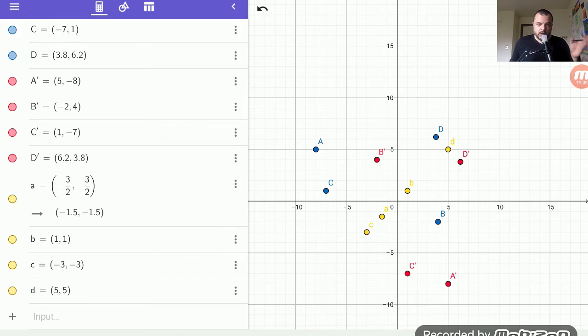So the x coordinate is equal to the y coordinate. The same thing with C: -3, -3, and the last one 5, 5. So x is equal to y.